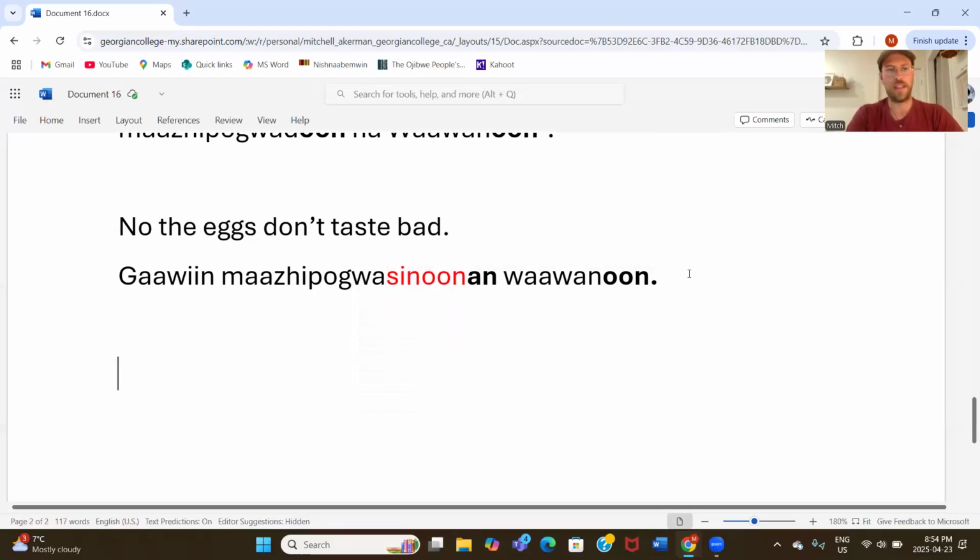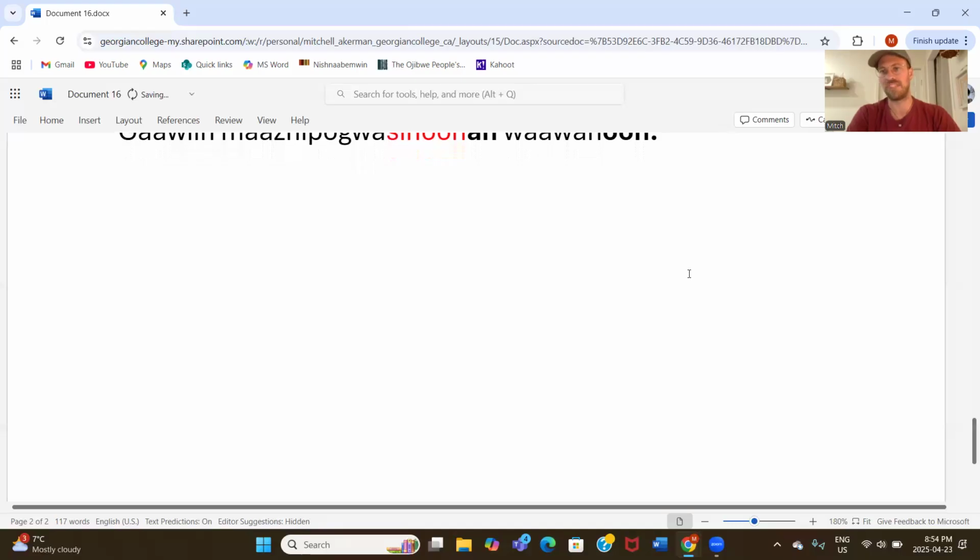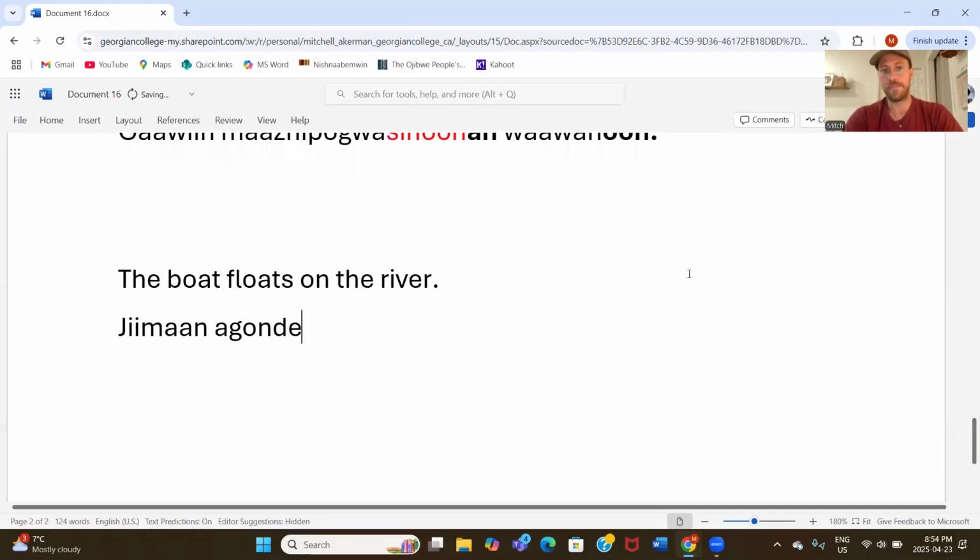I'll show you one other straight up negative. If I want to say something like the boat floats on the river, I would say the boat is Gmon, floats is Agunde, the VII for that, of course, and on the river, Zbing.